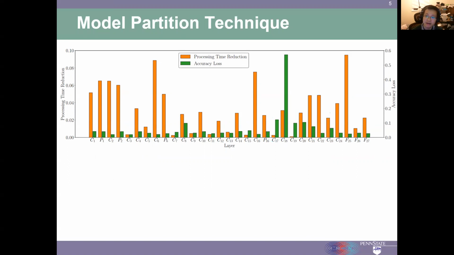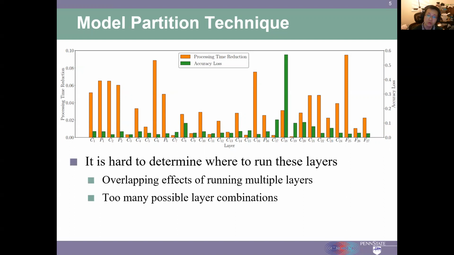Unfortunately, many layers like C23 do not belong to these 2 extreme cases. And it is very difficult to determine where to run the layers. Especially when we consider the overlapping effects of running multiple layers, the problem becomes more complex.